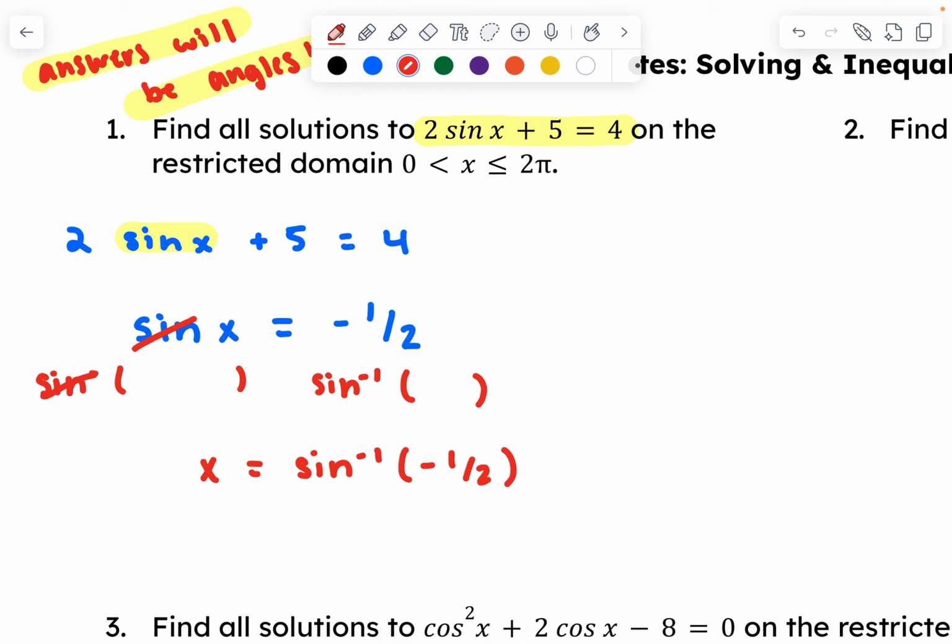Now, when we were evaluating inverses, we were just asking what is the inverse sine of negative 1/2. We had to use those restricted domains. In this case, we don't have to worry about a restricted domain. So when we're solving, we want to know all possible values of x. When we're evaluating, we want one specific value of x.